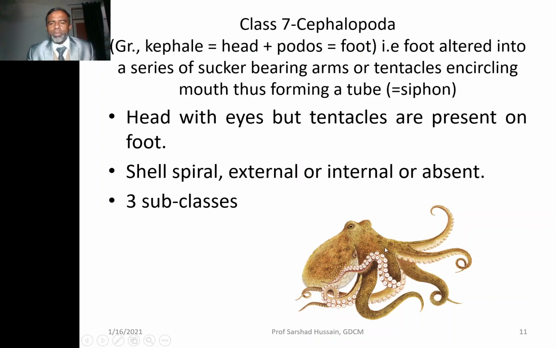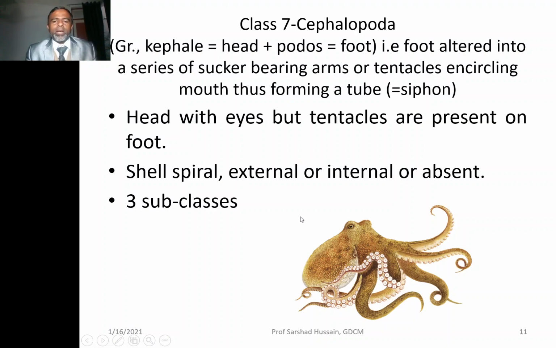Here you can look at this picture. These are its feet with the suckers, and the mouth is present inside, encircled by them. So both head and foot are present at the same position. This is the head having eyes, but the tentacles are present on the foot, not on the head.